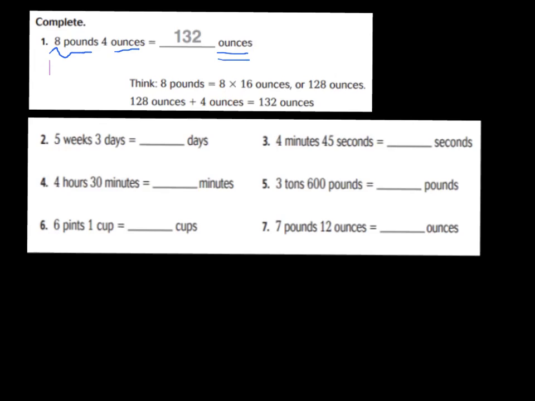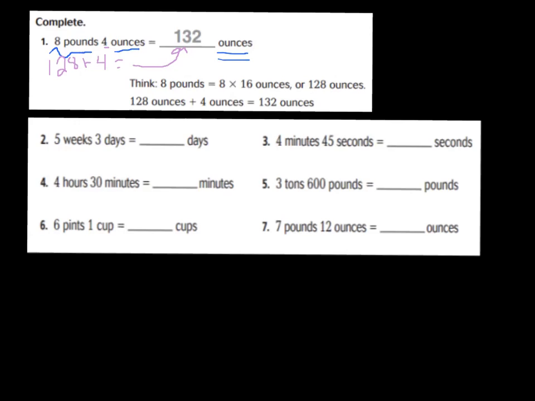So they have their 128 ounces in 8 pounds, but then remember they have this 4 ounces here. So we needed to add 4 ounces. So 128 plus 4 ounces, and that would equal 132 ounces. So that's how they got their answer.